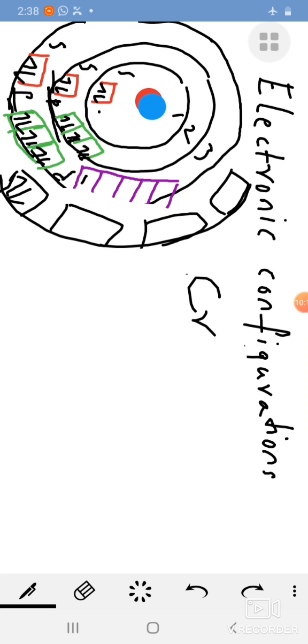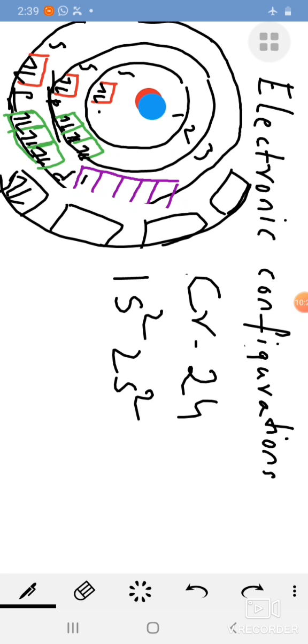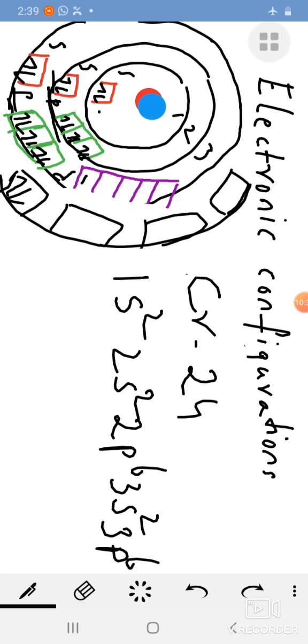Chromium's atomic number is 24 and its electronic configuration is 1s2, 2s2, 2p6, 3s2, 3p6, next 4s2.